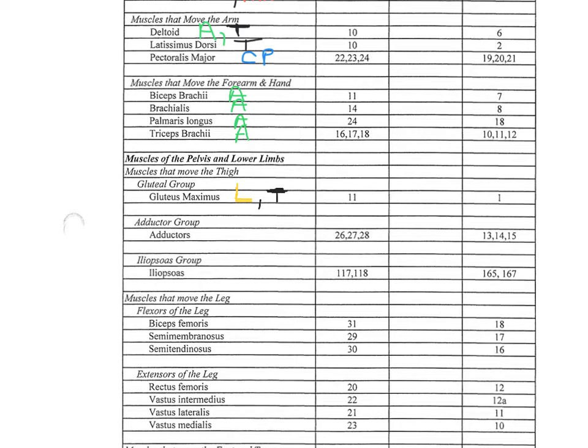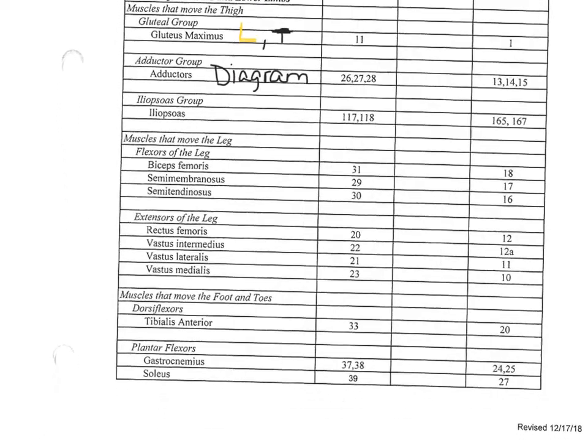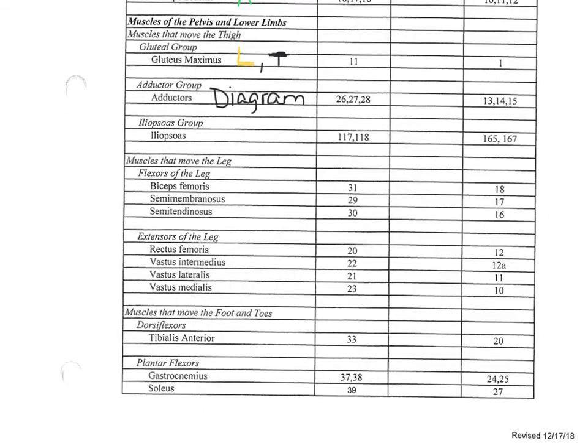Then we have the rest of the ones on the leg. So, I should say, the adductors, this is going to be on a diagram. And then the rest of these here, from the biceps femoris on down, I'm going to skip the iliopsoas for a minute.